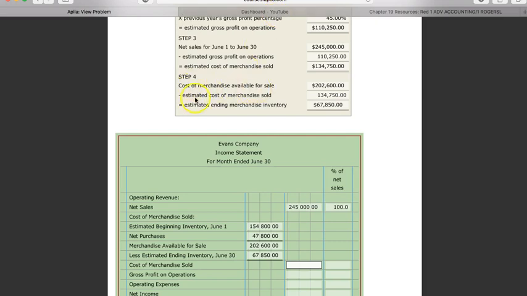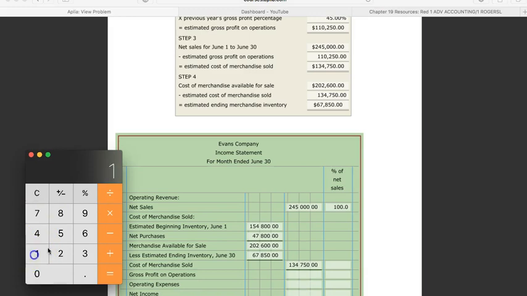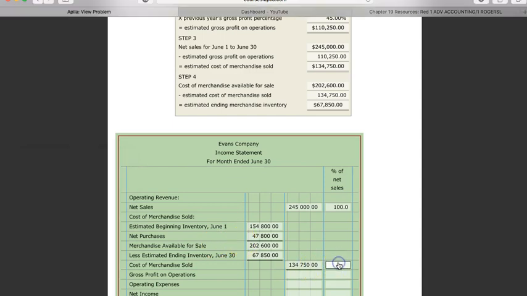The estimated cost of merchandise sold is right here. So that's $134,750. And remember, if we divide this number by this number, let's go do that. 134,750 divided by 245,000. That's going to give us 55%. So 55% of our sales are right here.